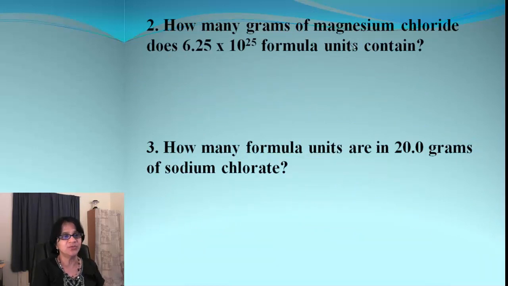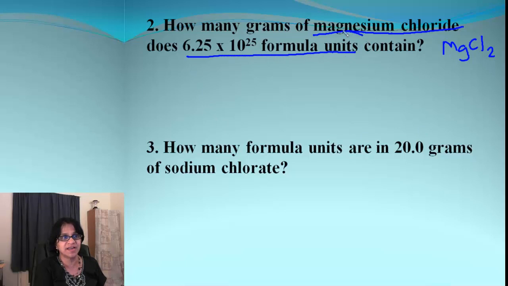In this problem we are talking about a compound, magnesium chloride, and you know very well the formula is MgCl2. This is formula units. Again, formula unit is another way to mention particles for ionic compounds or molecules.